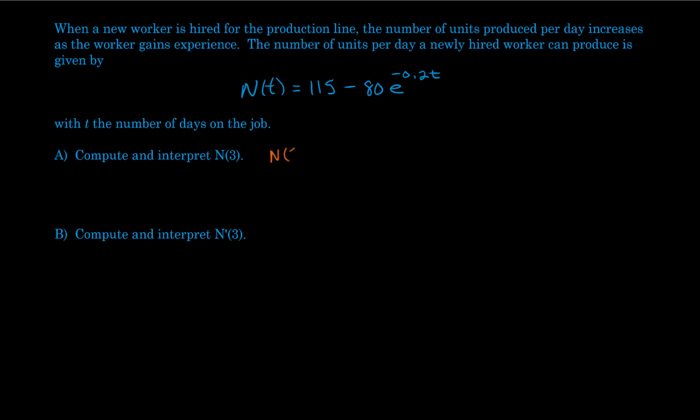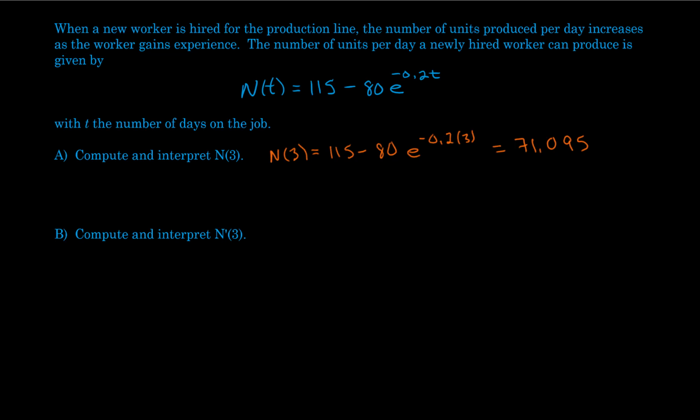Well, n of 3 is going to be 115 minus 80 e to the negative 0.2 times 3. Okay, so I can plug that into my calculator, and I got this 115 minus 80 times e to the negative 0.2 times 3, and boom. This works out to be 71.095. Now remember, they're making some product. 0.095 of a unit makes no sense.